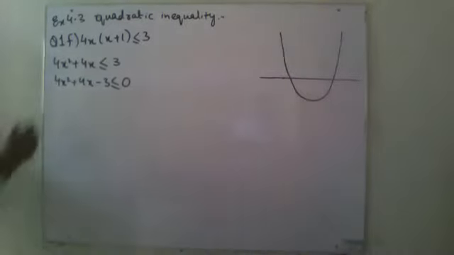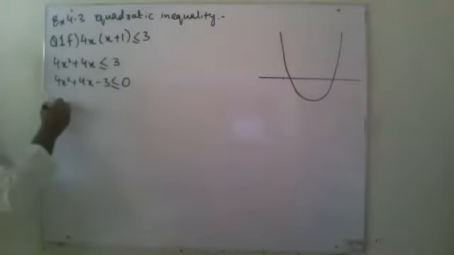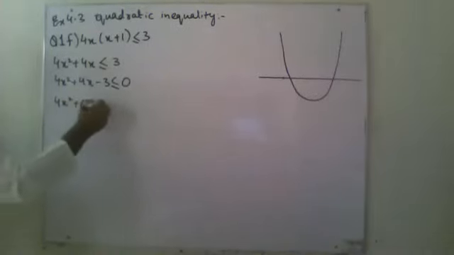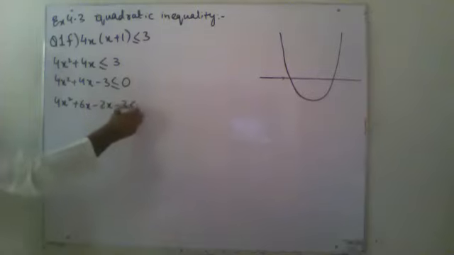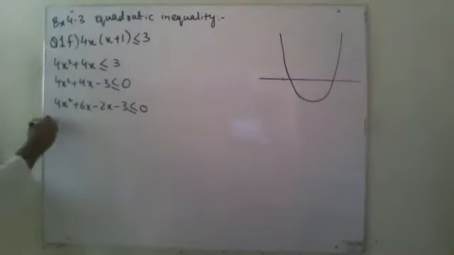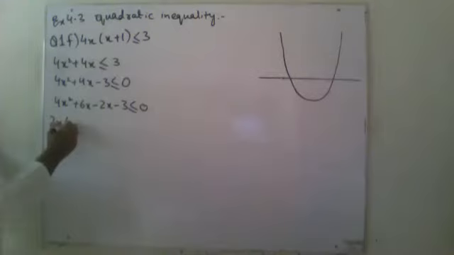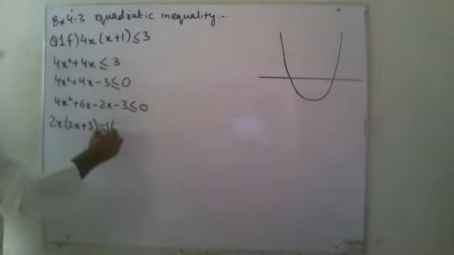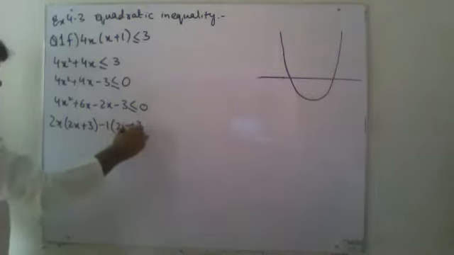Now, let's simplify this one. 4x square, I have to do middle term splitting, plus 6x minus 2x minus 3 lesser than or equals to 0. 2x common, 2x plus 3, minus 1 common, 2x plus 3.